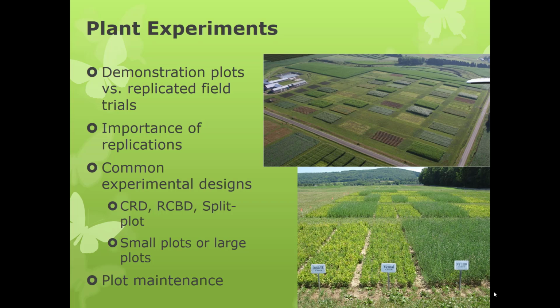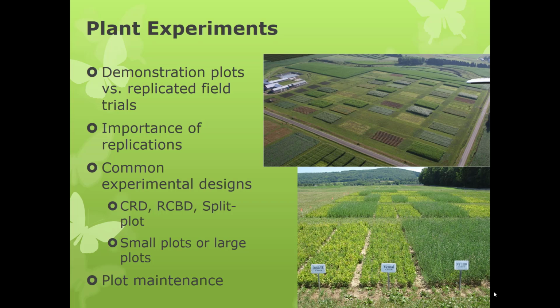Some other considerations that researchers need to think about: are their plots small and going to take up a minimal amount of land, or are they large plots that are going to take up a large amount of land? For example, if you have small plots that are like 1 by 1 meter, you can afford to have, most likely, multiple replications of those treatments.